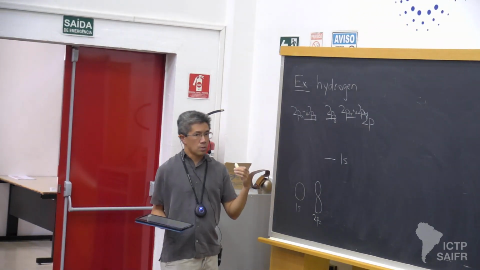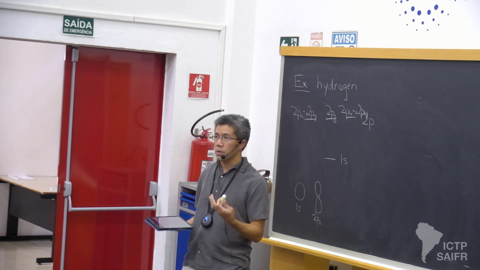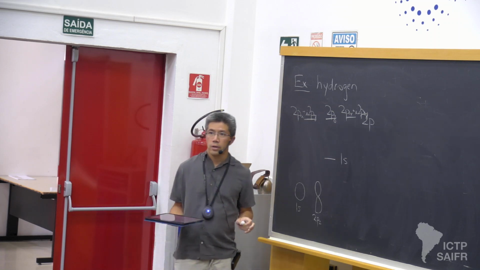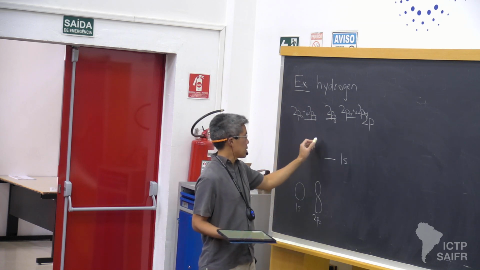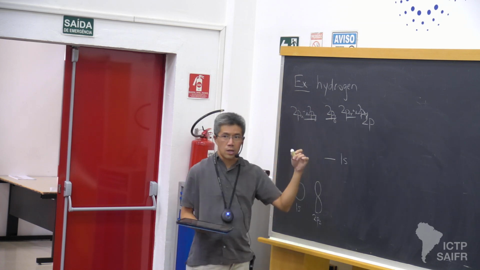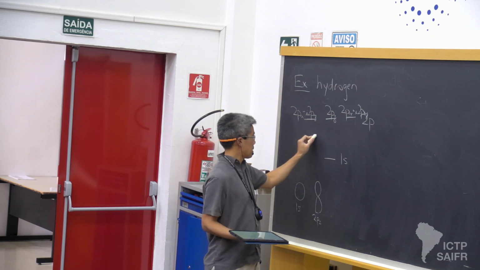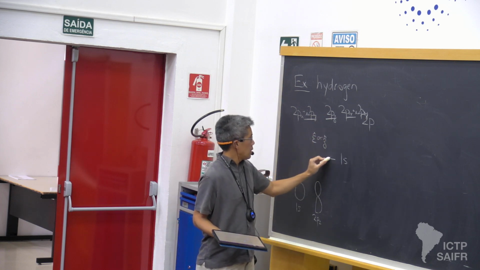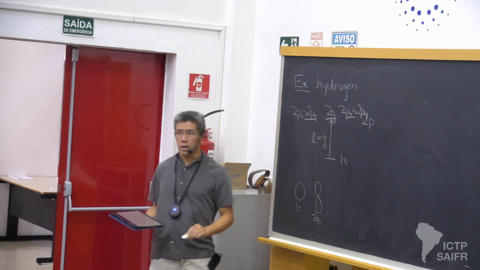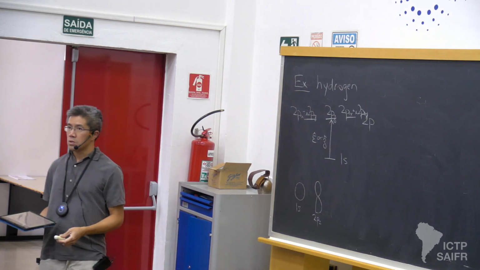Okay, so there's 3 possible states. And the point is, when you shine in light with a given polarization, you're only going to talk to one of them, really. So for example, when I shine in light to excite this atom, I could choose the polarization of light to be along Z itself. And then the transition that I'll talk to is from 1s to 2pz.